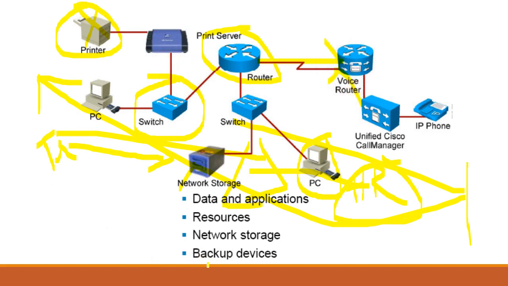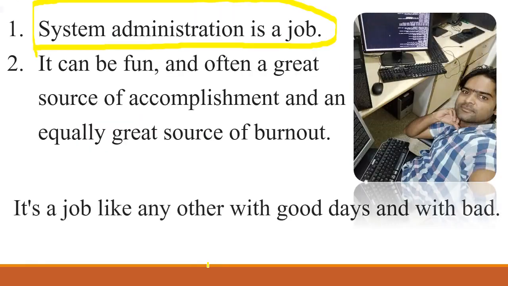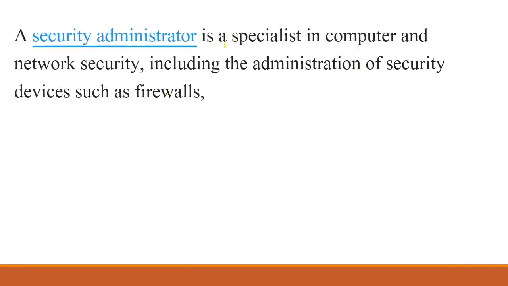Apart from this, you can have a security administrator also. A security administrator is a specialist in computer and network security. They will be taking care of security, and they may use certain software or firewall hardware devices to provide you better security.